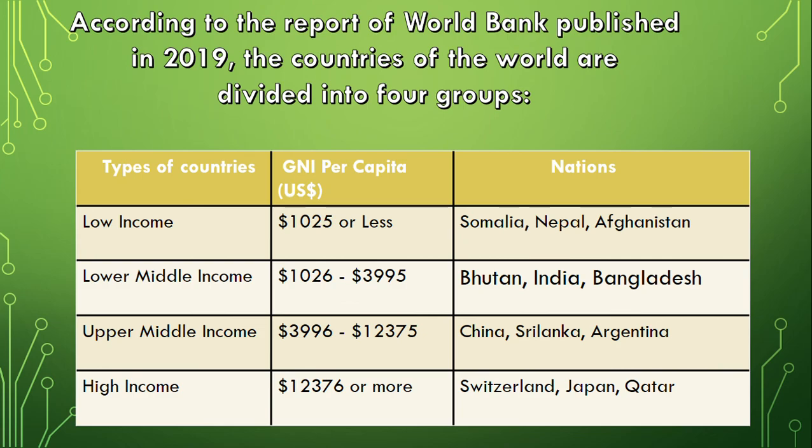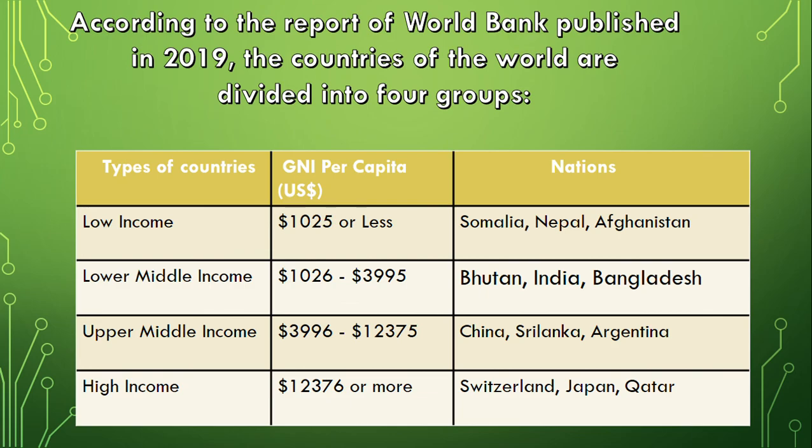The countries whose GNI per capita is more than 12,376 US dollar are regarded as high income countries. Switzerland, Japan, Qatar are a few of the high income countries these days.